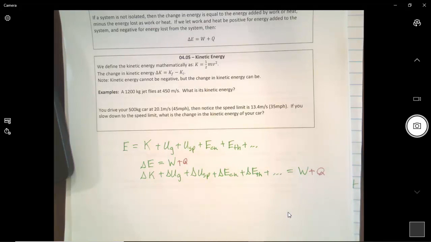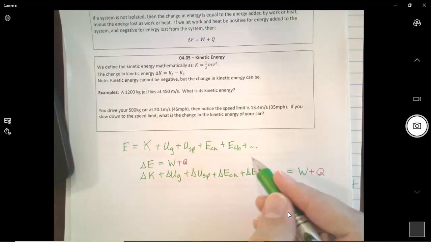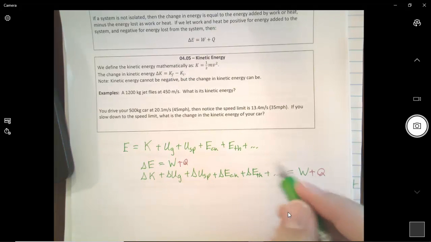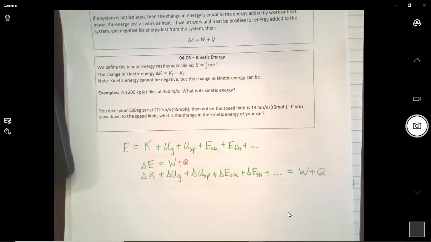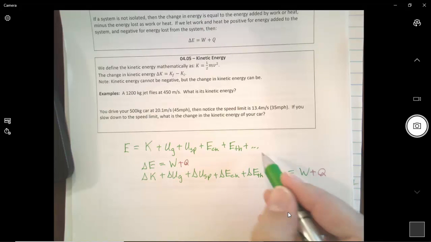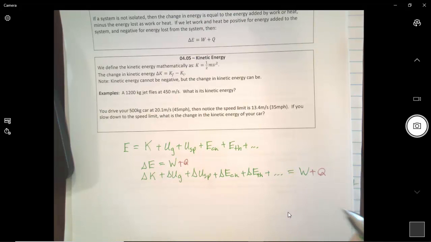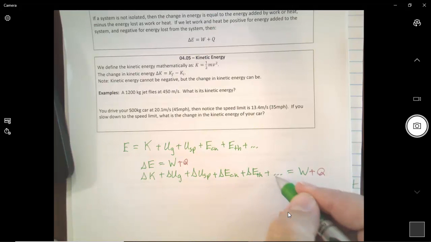So, the reason why it doesn't matter that we don't know what all these other terms are is because they might not be changing. For example, nuclear energy is one of these terms out here, the energy bound in the nucleus of these atoms. But that's not going to be changing. So it's going to disappear from this term down here.